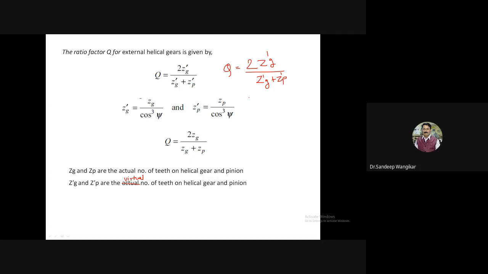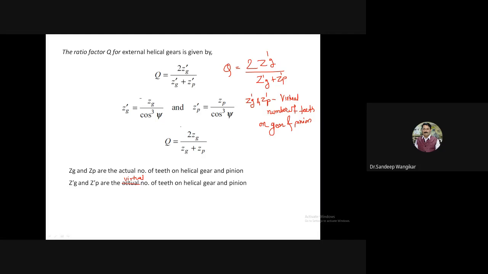So what I will say here, Z dash G and Z dash P are the virtual number of teeth on gear and pinion. But we have the relation z dash is equal to z divided by cos cube psi.